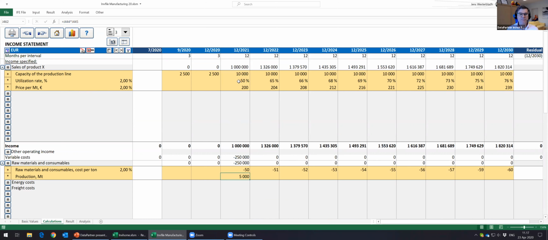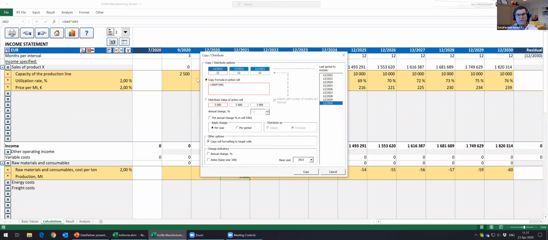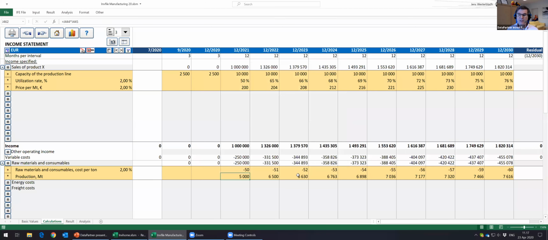And now we have the amount produced, 5,000 tons. 5,000 tons multiplied with 50 euros per ton gives a cost of 250,000. And now in this cell is a formula. So notice now when I distribute this cell, Invest for Excel automatically recognizes that there is a formula in the cell and offers to copy the formula, not the value like it has done so far. So that's nice. That's how we wanted it to do.